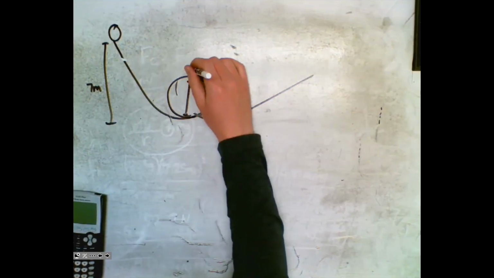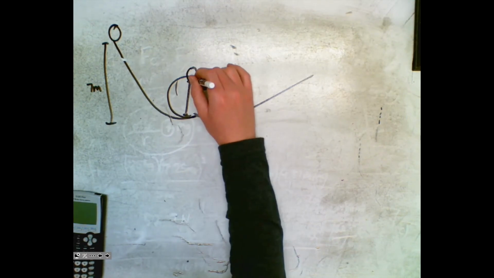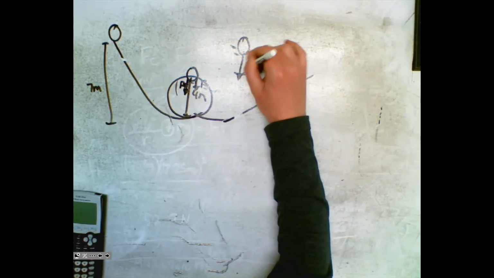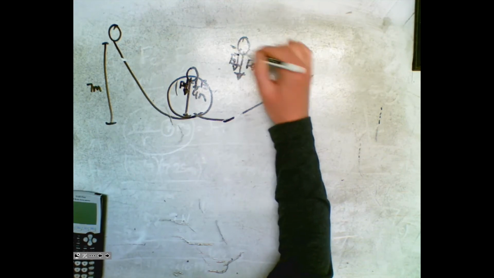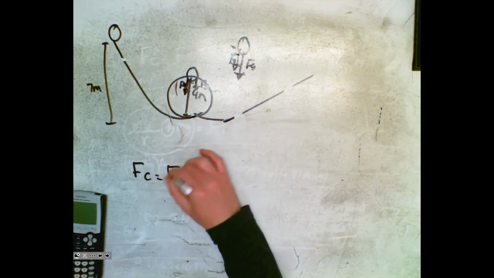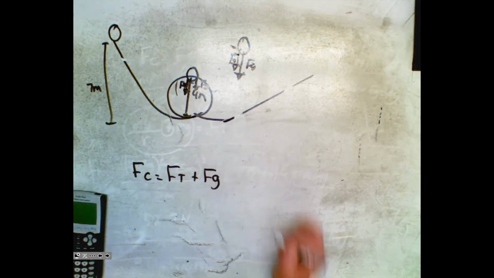At the top of the loop, it's going to be the same as that other situation. Our force of gravity is down, and our force of tension is down as well. So our free body diagram at the top of the loop will be force of gravity down, force of tension down, or towards the center of the circle. So Fc is equal to Ft plus Fg, because they're both in the same direction at the top of the loop.